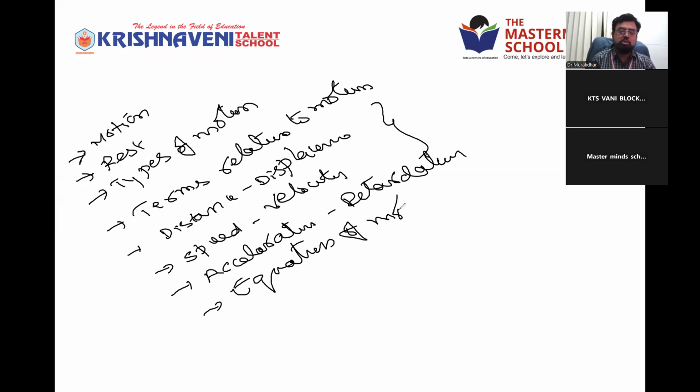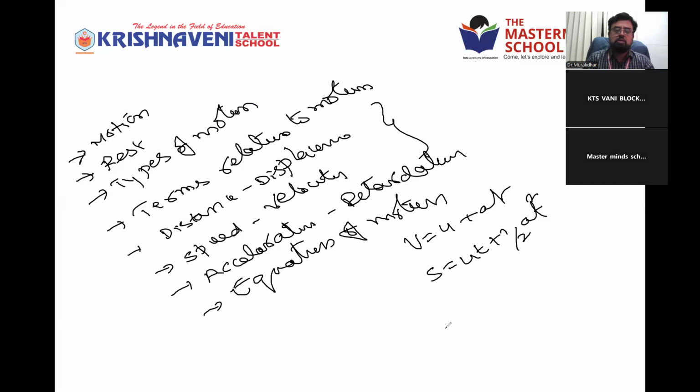Equations of motion. When a body is changing its position from time to time, it may cover distance or displacement, or have speed, velocity, everything. They are all having a relation which is called equations of motion, where the first equation is v = u + at. The second one is s = ut + 1/2 at². The third one is v² - u² = 2as.